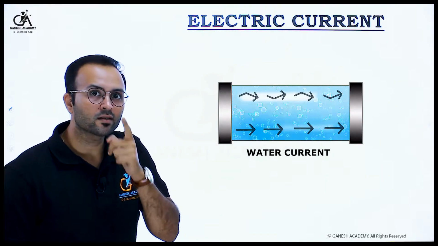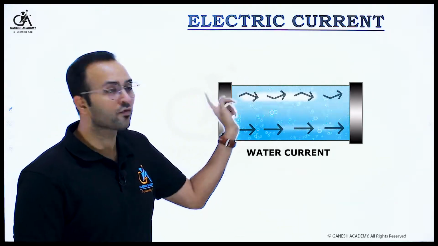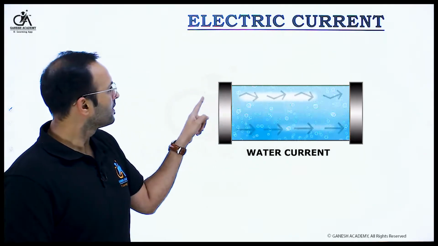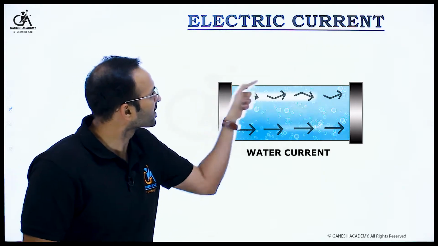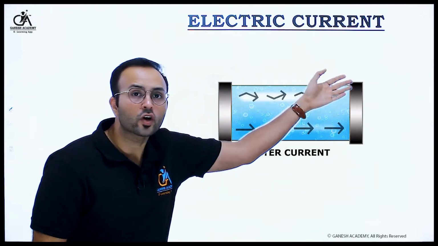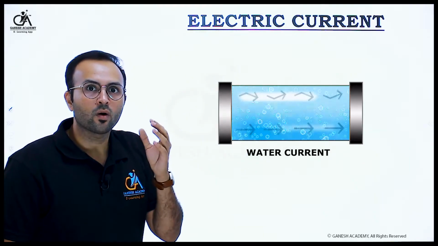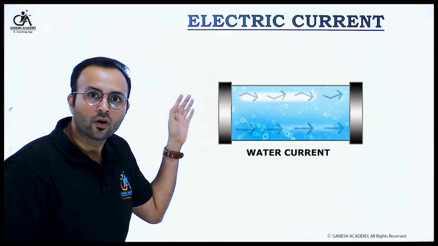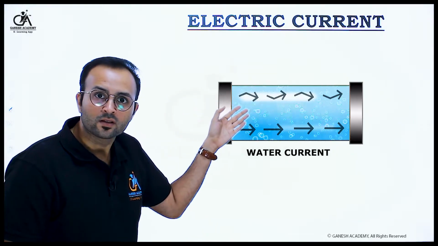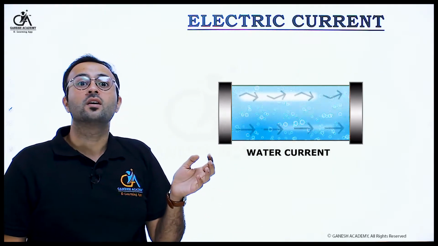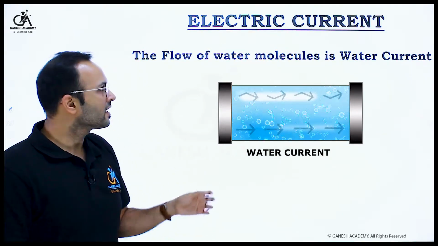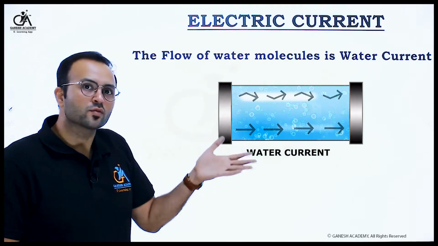Now one thing is clear, that every molecule is flowing in the right direction, but the direction of flow can be random. That means some are going down, some are going straight, but finally what? They are going on the right hand side. Now what is happening? These water molecules, which are flowing on the right hand side, are nothing but water current. So we can say a flow of water molecules is water current.